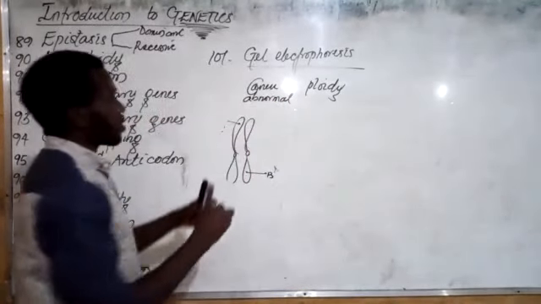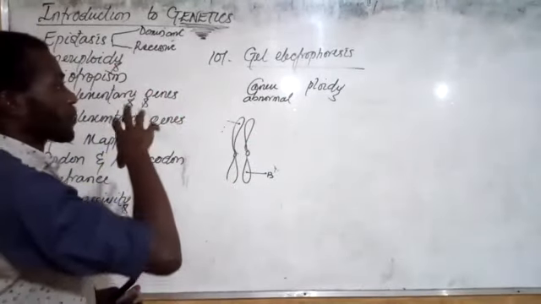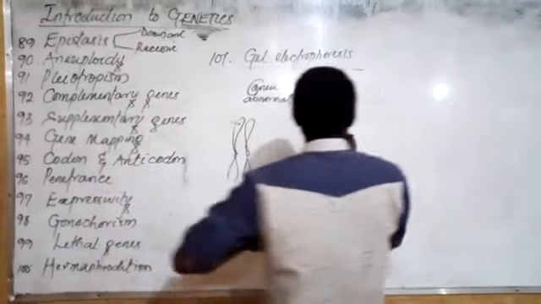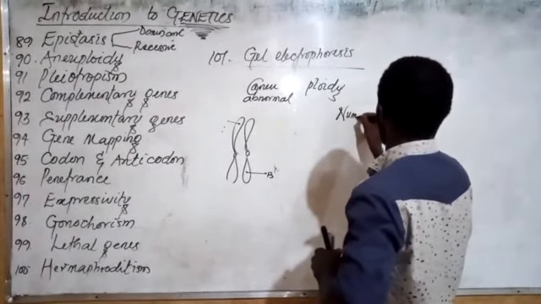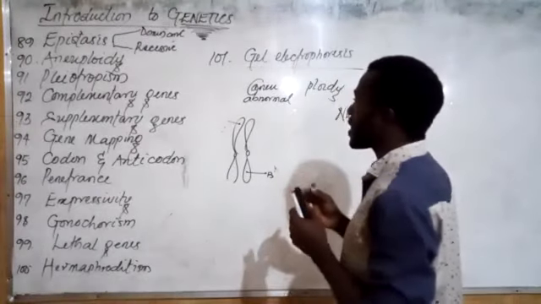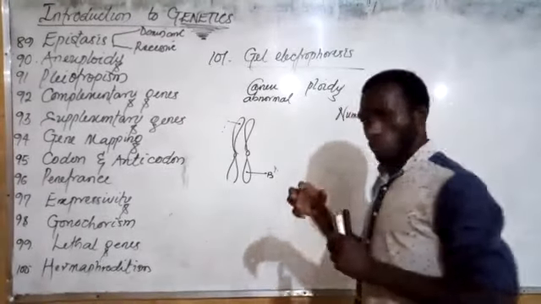So there are two forms of abnormality that occur with chromosomes. It's either with the total number of chromosome sets, or abnormality in some of the chromosomes.